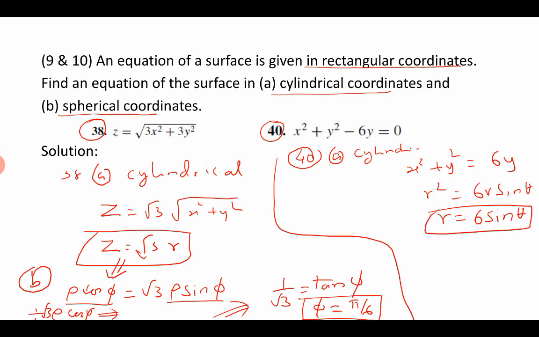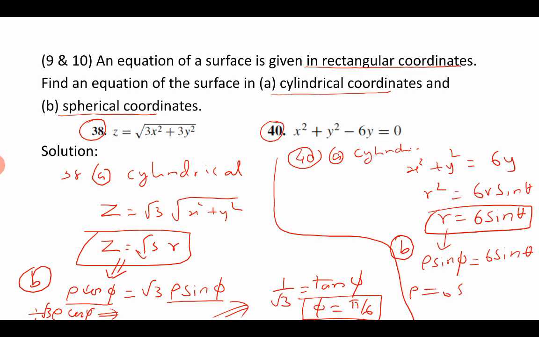And in spherical form, just replace the value of r by rho sine phi, which is equal to 6 sine theta. Keep rho on the left side and divide by sine phi on both sides.